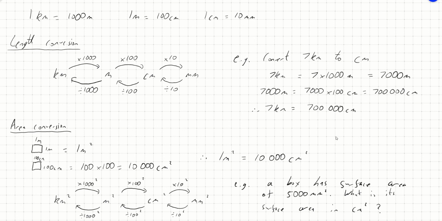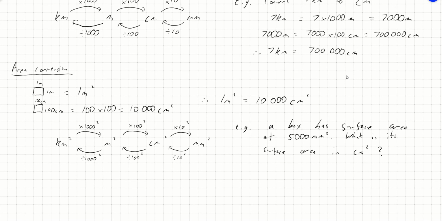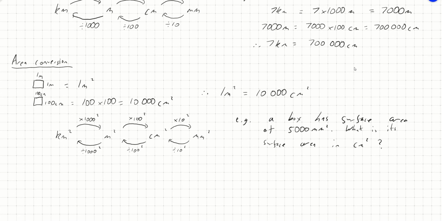Okay, so remember, millimeters to centimeters is divided by 10. So millimeters squared to centimeters squared, we're going to divide by 10 squared. So 5,000 divided by 10 squared. Well, that's the same as 5,000 divided by 100, which is equal to 50 centimeters squared.